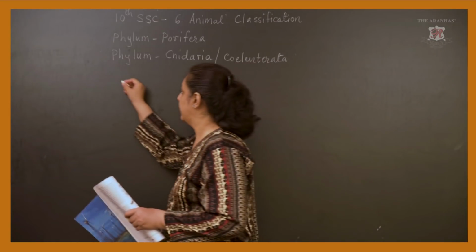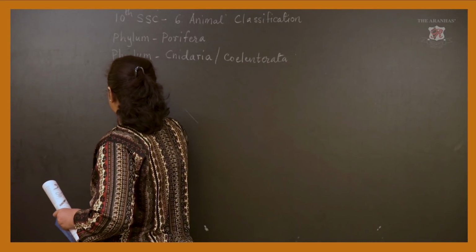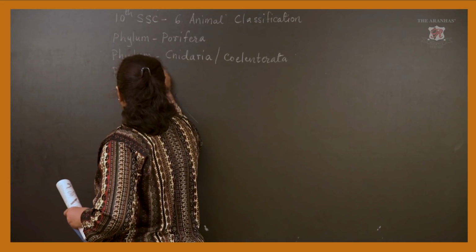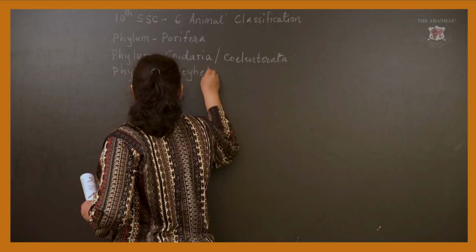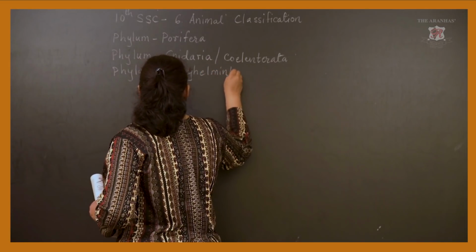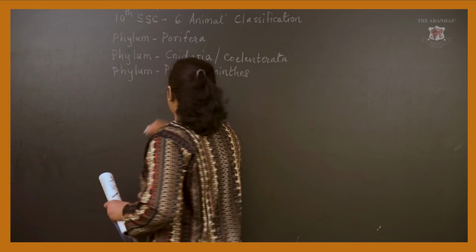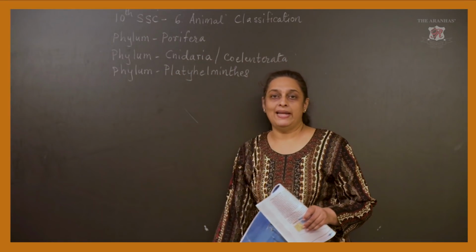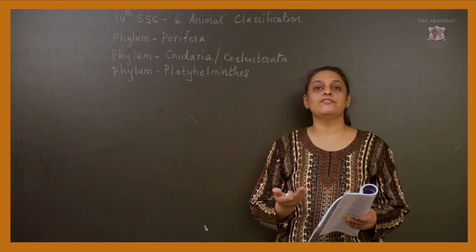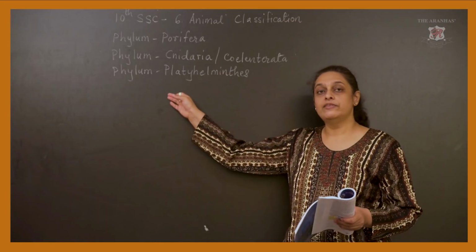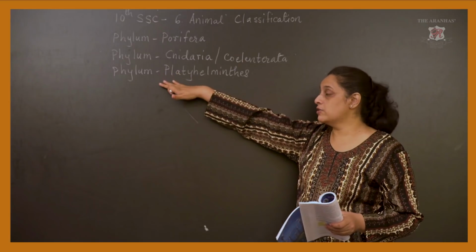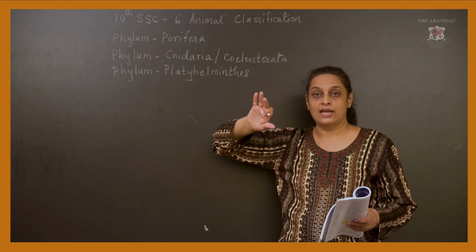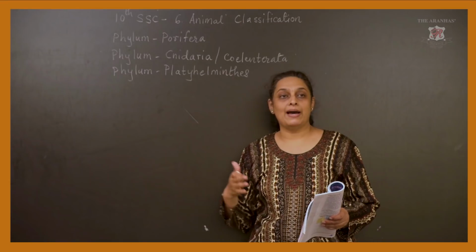Then next is phylum Platyhelminthes. Now, platy comes from plate. How is a plate? A plate is flat. So, here these are flat organisms. The reason is, members of Platyhelminthes are endoparasites.